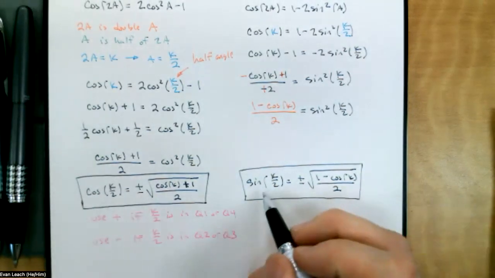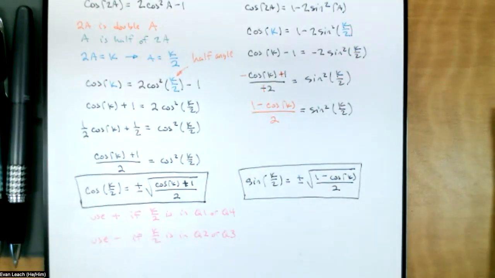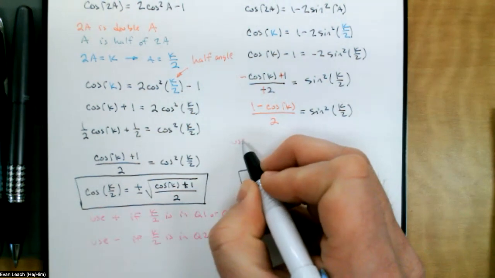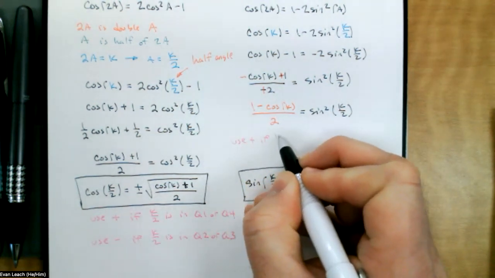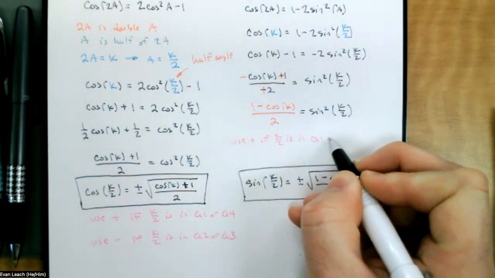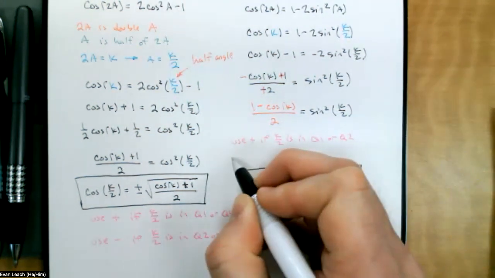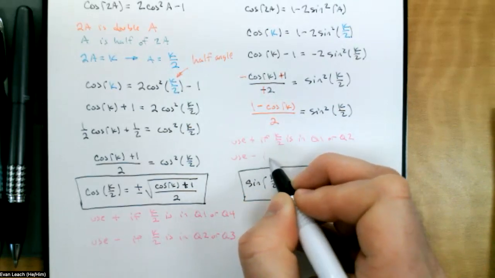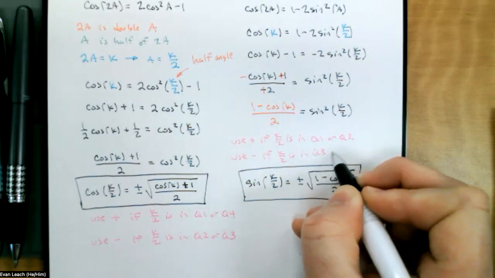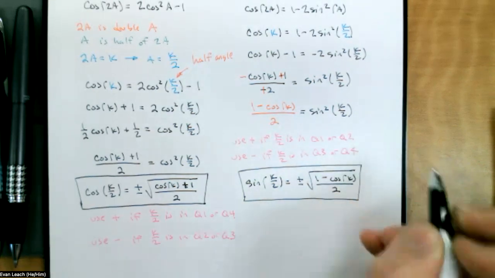And on this one, the plus and minus decision is the same plus and minus decision that we had for cosine. It's plus if K over 2 is in quadrant 1 or quadrant 2, and use minus if K over 2 is in quadrant 3 or quadrant 4.